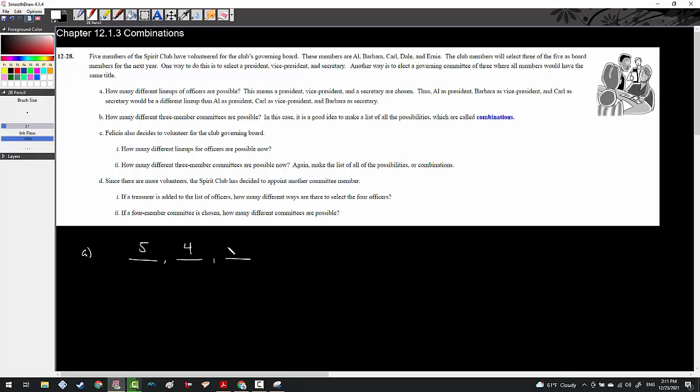That means 4 remaining and then 3, which would essentially be 5 factorial, except I'm about to lop off the other 2 factorial. These guys are gone. We did this in the last section, where that's 5 minus 3 factorial. We saw this as 5 permutation 3, which gives us 60 options.